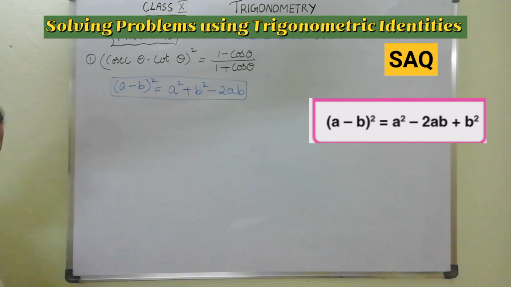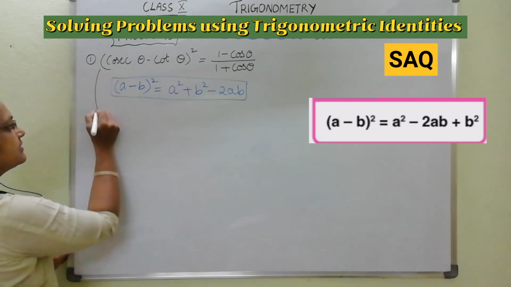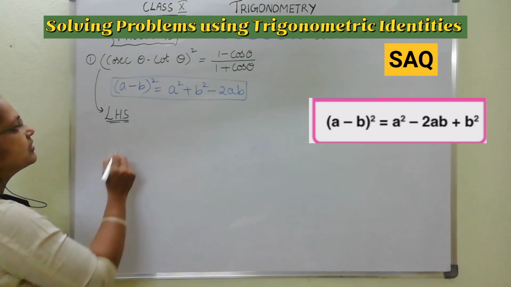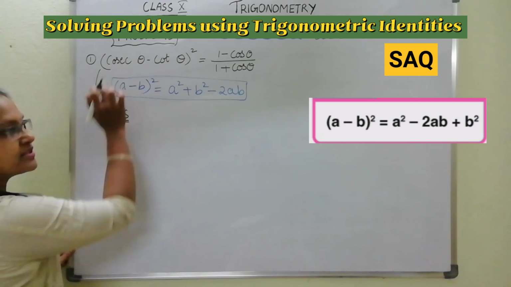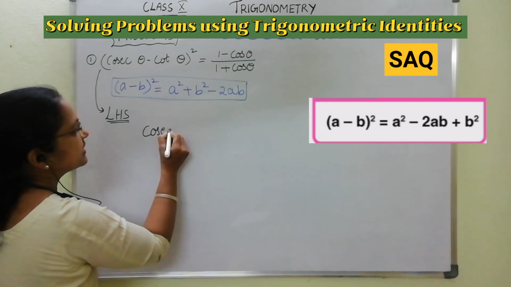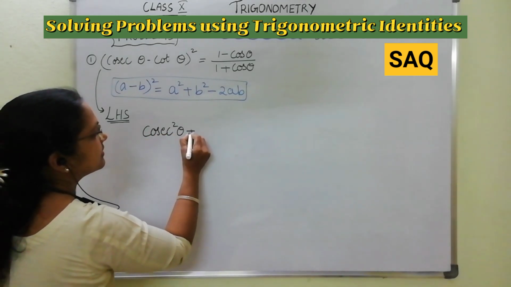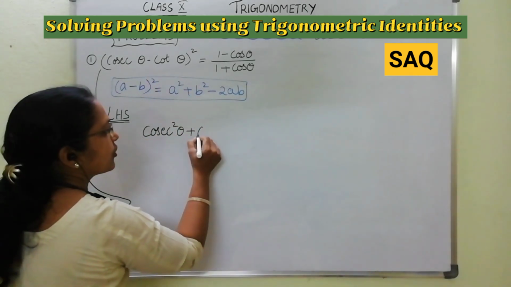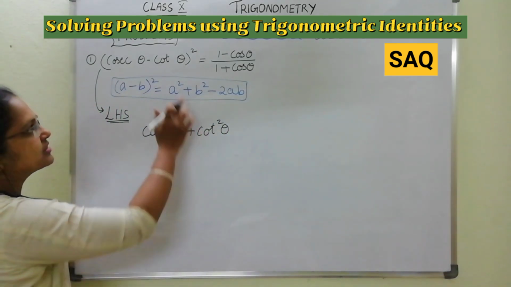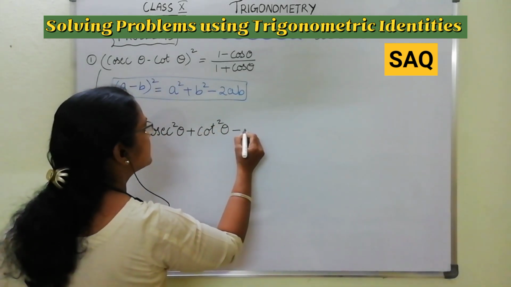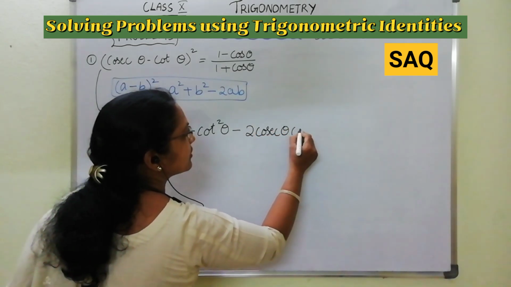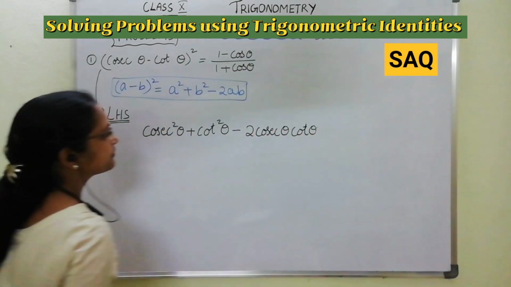So I am starting with (a minus b) whole square and taking this LHS side. A square is cosecant square theta, so I will write it as cosecant square theta plus cot square theta, since b square is cot square theta, minus 2 cosecant theta cot theta.